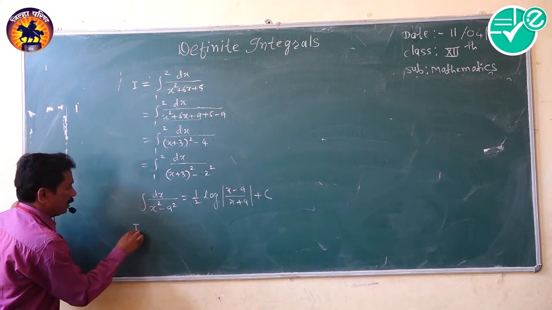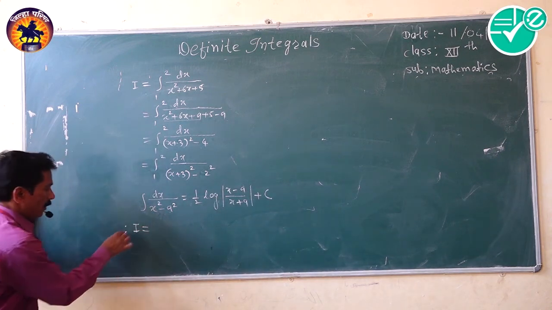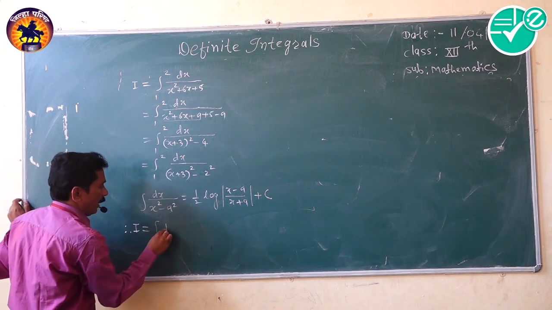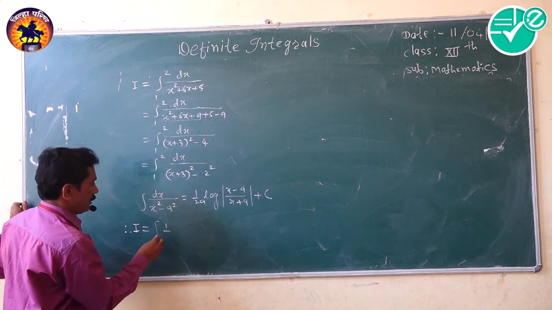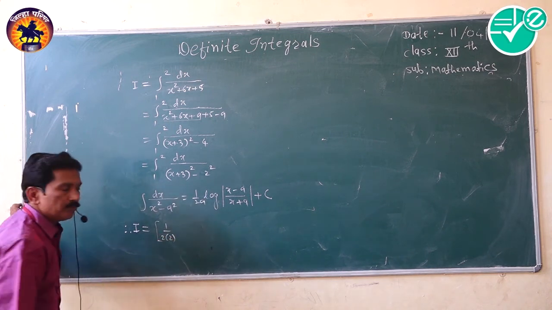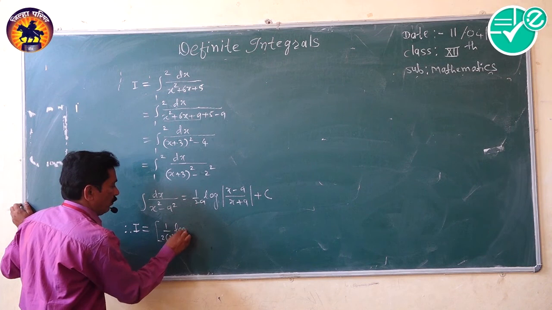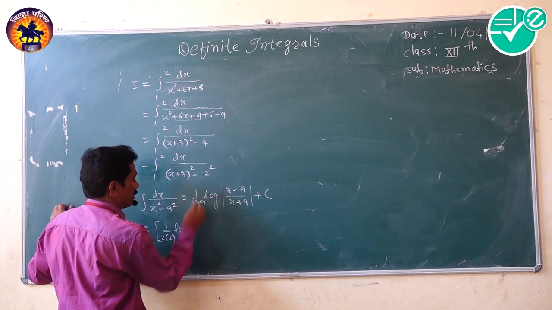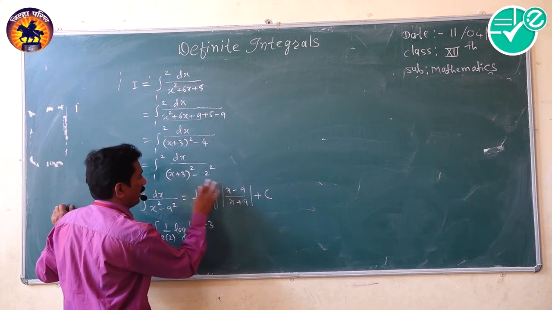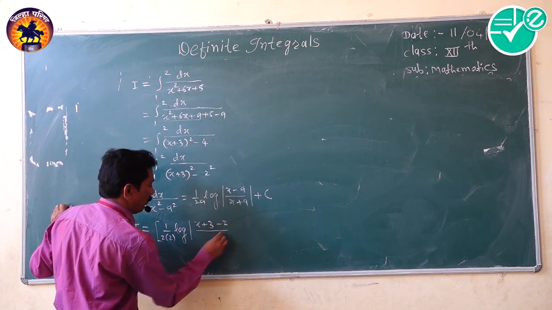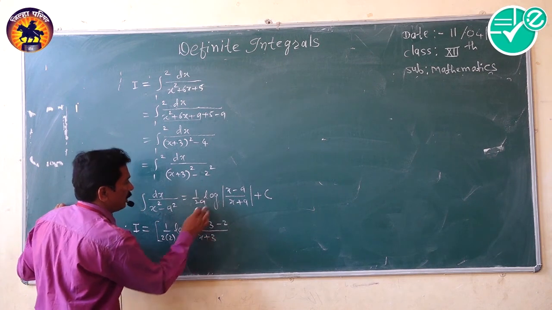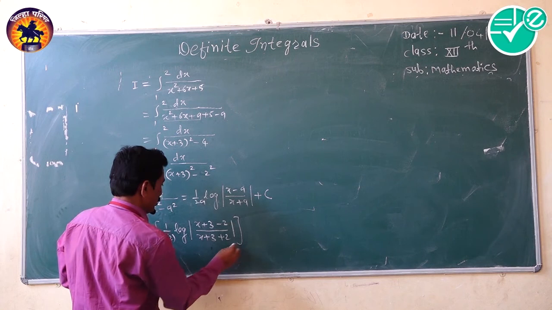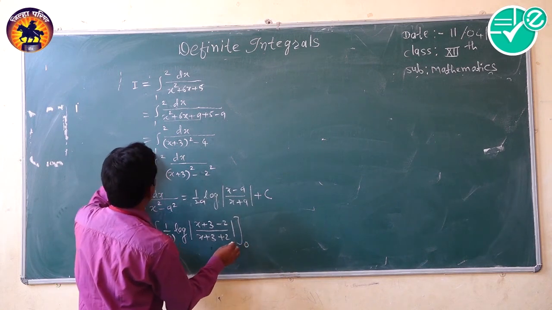Hence I becomes, therefore, 1 by 2a, that is 2 into 2, log of x, that is value of x is here x plus 3, minus a means minus 2, divided by x plus 3 plus a means plus 2, bracket close, limits are 1 to 2.